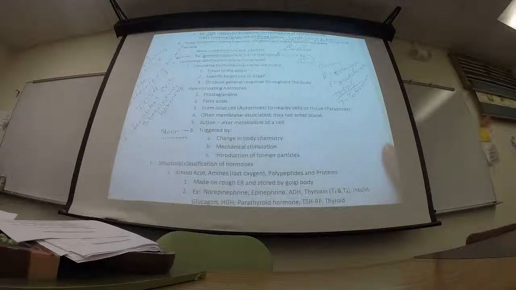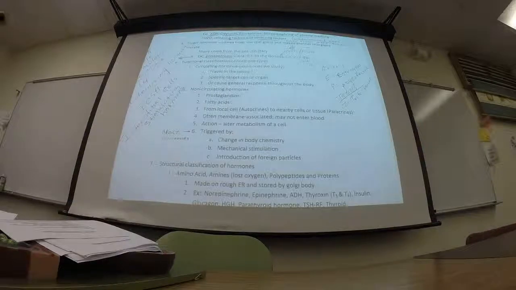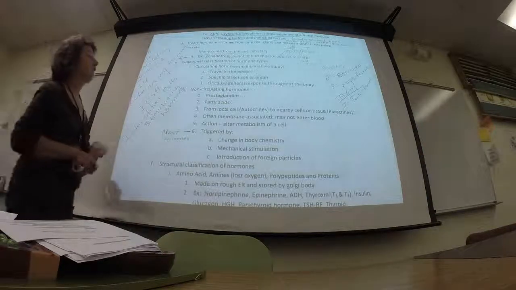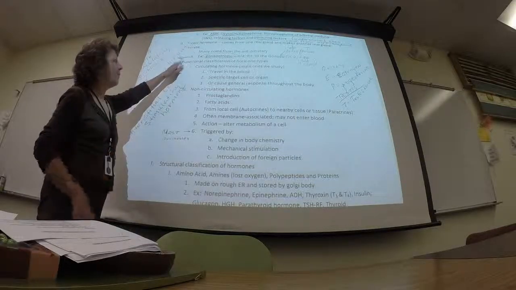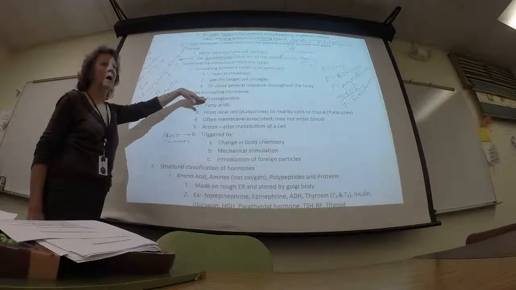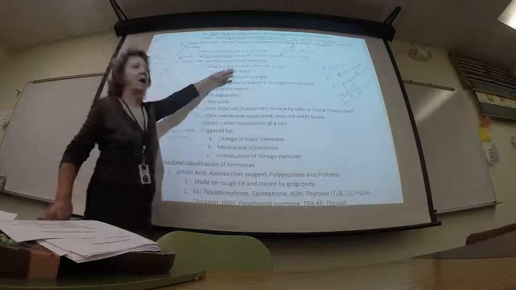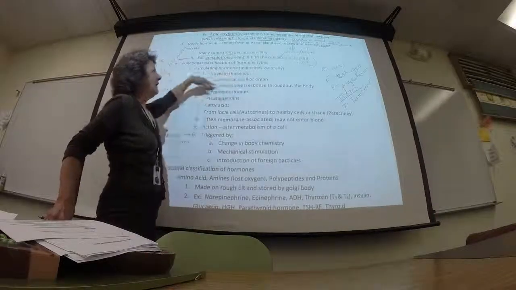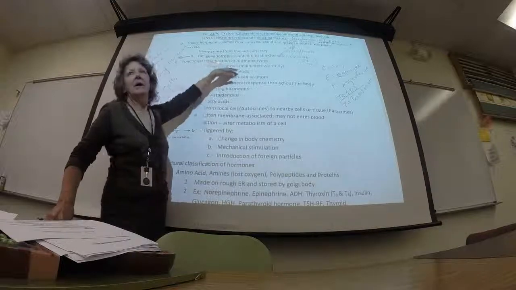Okay. So we classify hormones by several different ways. We classify them by hormone types, like do you circulate in the bloodstream or do you not? And most of the ones we concentrate on do circulate around the body in your bloodstream.